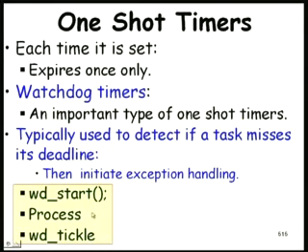Let us say 10 millisecond is set, and by 7 millisecond we find that the processing is over. Then this system call, WD tickle, is given, which will take the watchdog timer out of the queue. It has completed within time, no exception handling is required, and the watchdog timer is disarmed. But if the processing takes more than 10 millisecond, the watchdog timer will fire in the timer queue and the handler routine will be invoked.